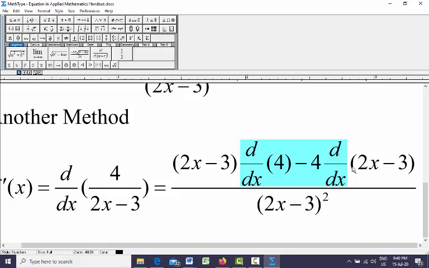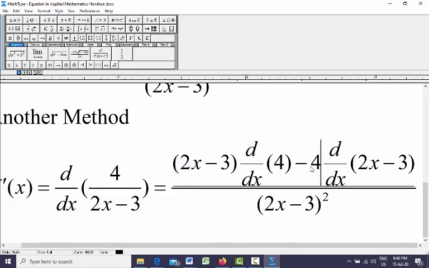Now, after the minus, this 2x minus 3 will come in front of d by dx, and this 4, which was in front of d by dx, will go behind d by dx.